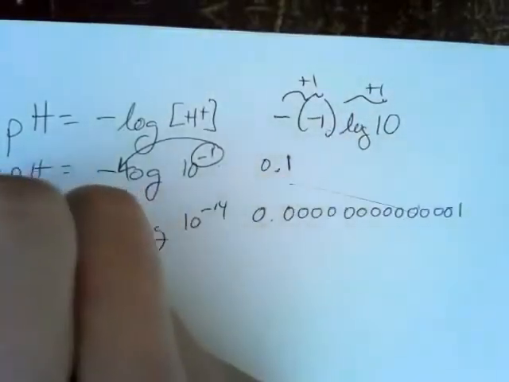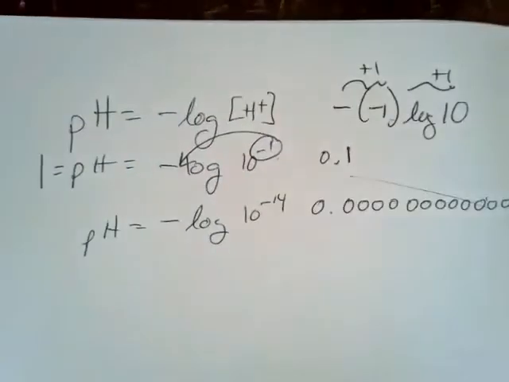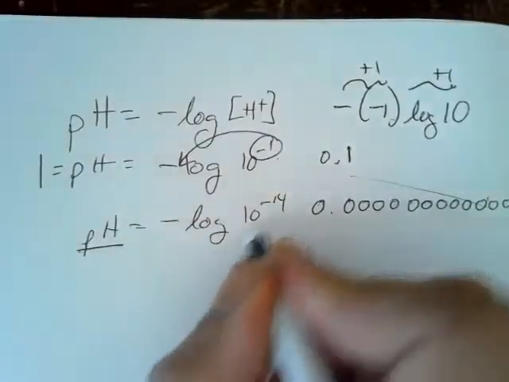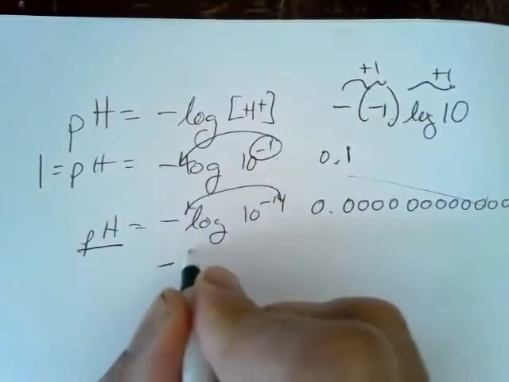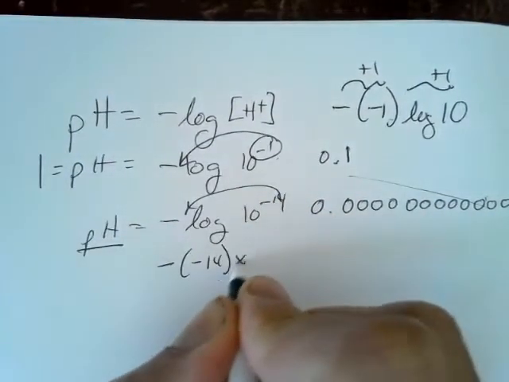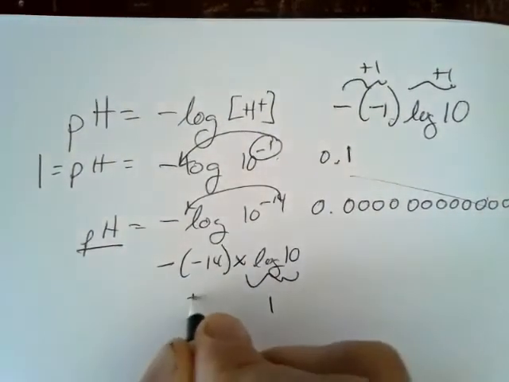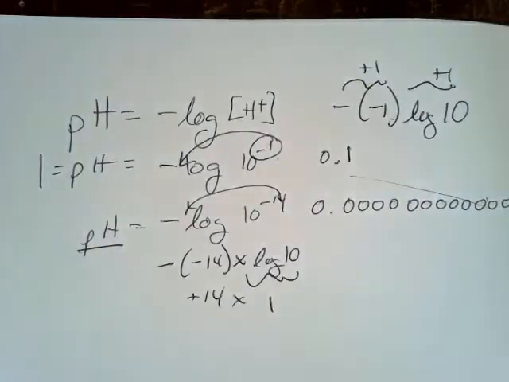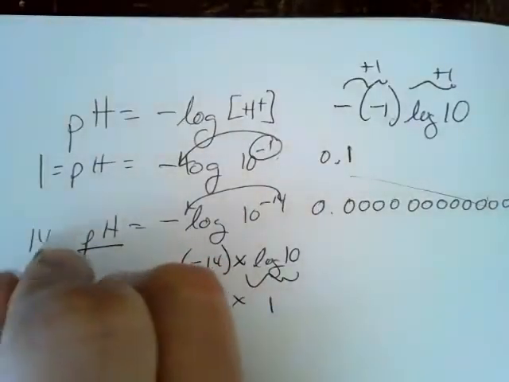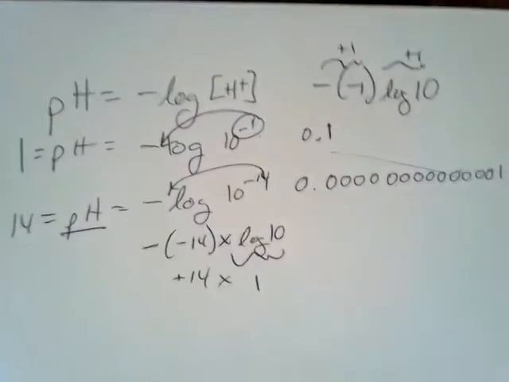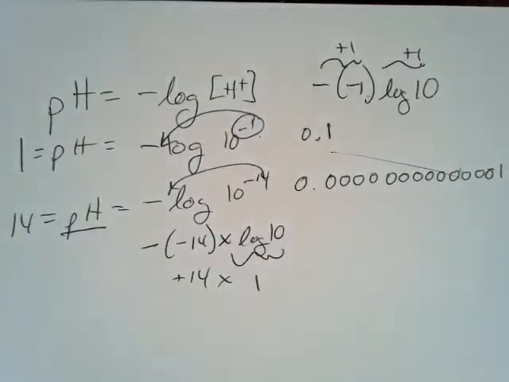So the pH here would equal 1. And the pH here, minus 14 comes out, so we get minus 14. We still have to multiply by the log of 10, but the log of 10 again is 1. We get a plus 14 here, so we have 14 times 1, so we get a pH of 14. So our pH scale typically runs between 1 and 14.